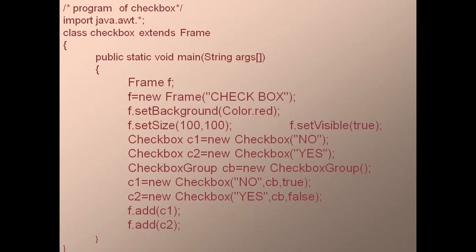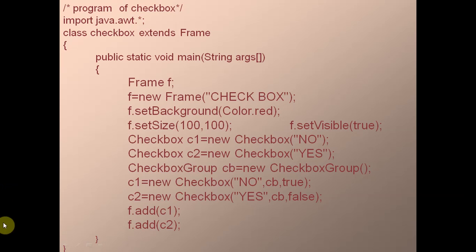So c1 equals new checkbox no, and it is inside the cb checkbox group, and by default it is true. No will be true, and the other will be false. Suppose we keep one true and the other false, then in that case one will be checked by default and the other will be unchecked.